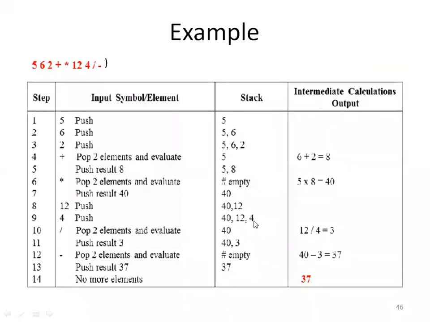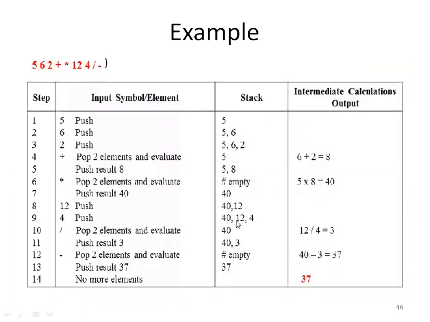Okay. Then next, which symbol? This division. So it's an operator. So if an operator is coming, then what to do? Just pop two topmost elements from the stack and apply this operator. So in the stack, the two topmost elements are, first topmost is 4, second topmost is 12.